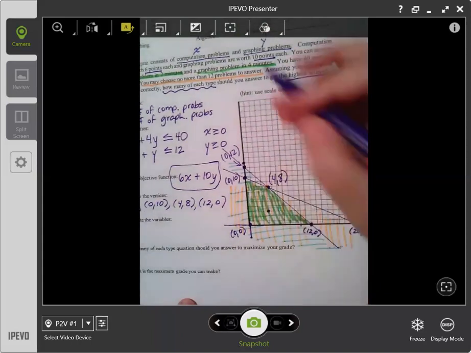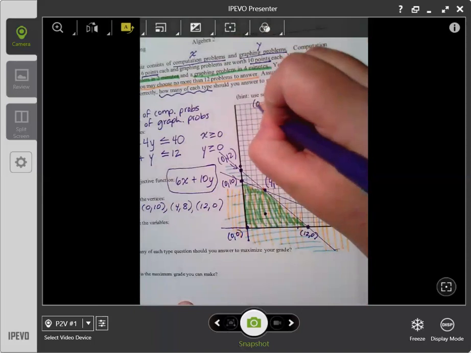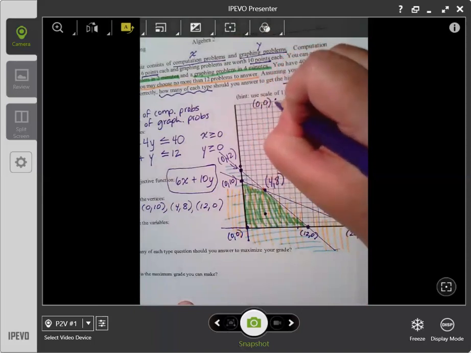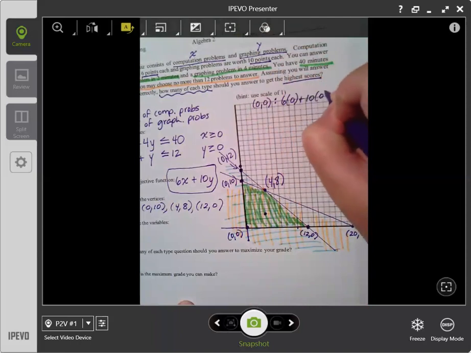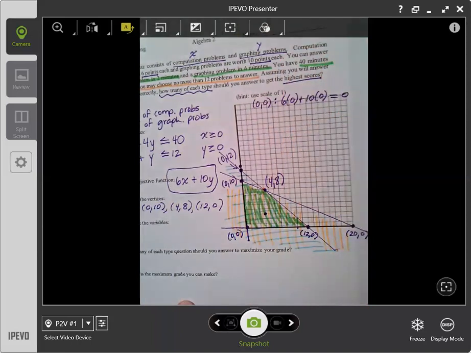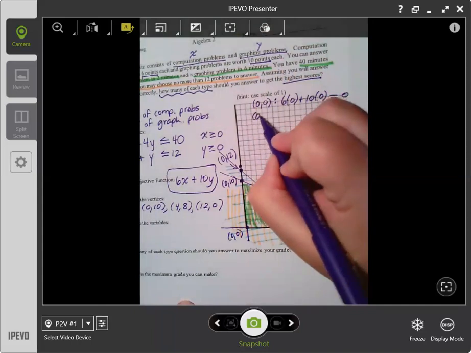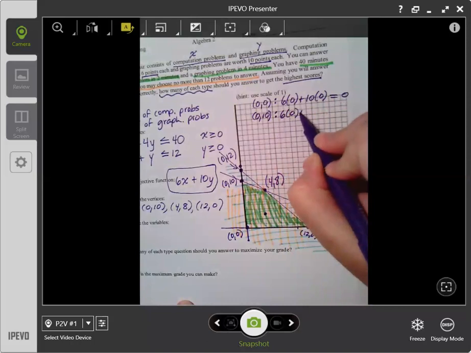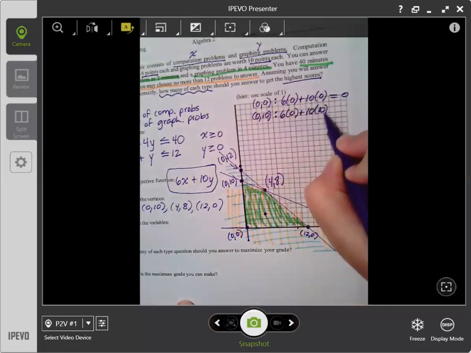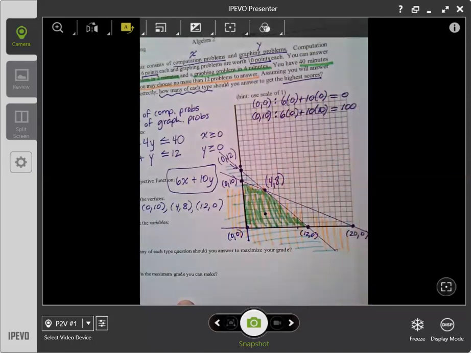And I'm going to do it up here because I have some extra space. So 0, 0, I totally know already that answering 0 questions of each type is not going to give me my max score. So that's kind of a gimme. If I answer no computation and 10 graphing problems, I will get 100 points.